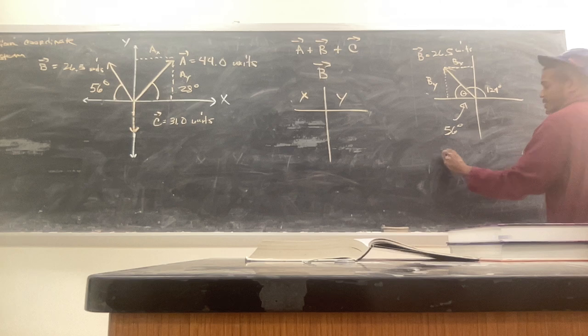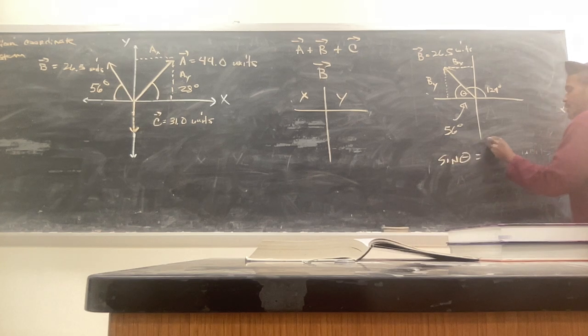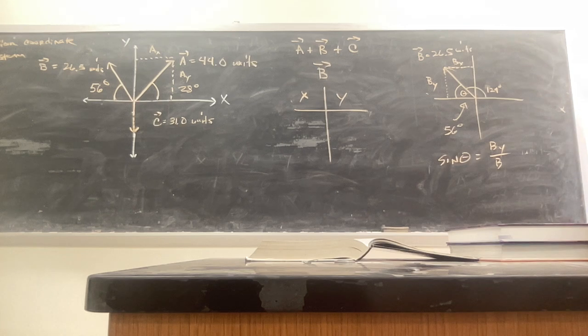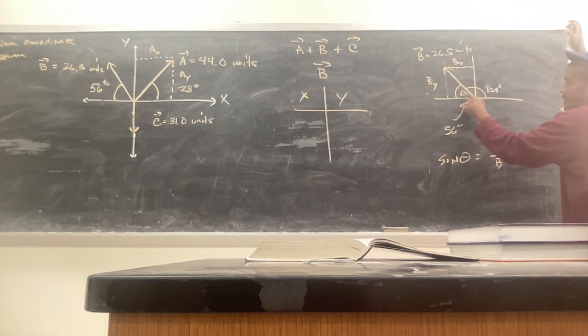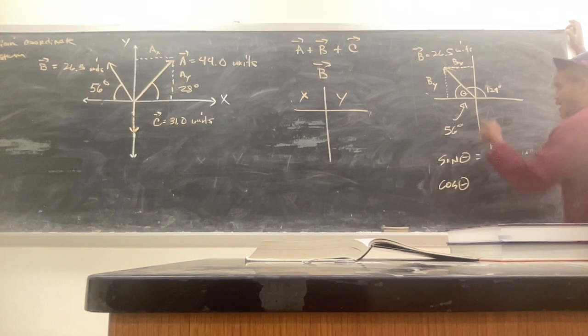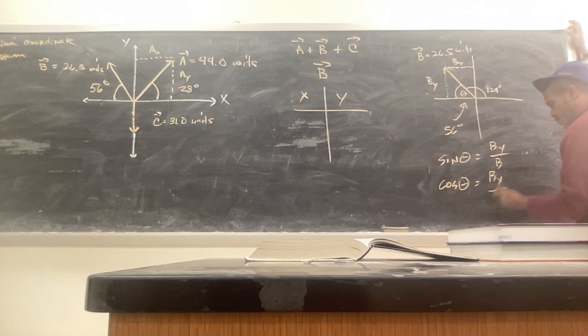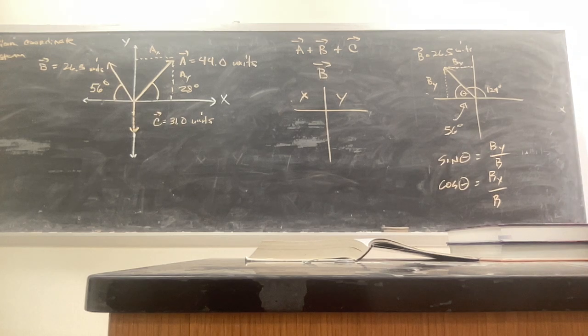B of y: sine theta is B_y over B, the vector B. Cosine, same angle, is the adjacent side, which is the x: B_x over B. So when we rearrange these like we just did, we get B_y is equal to B sine theta.